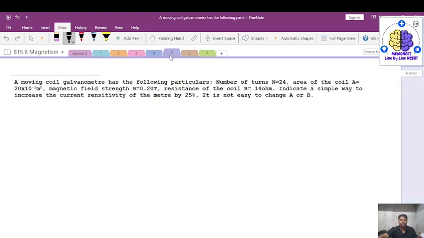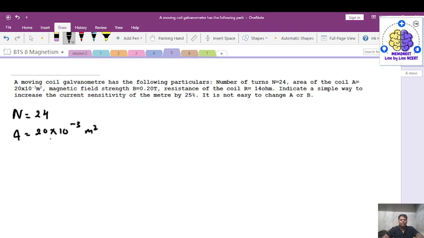A moving coil galvanometer has the following particulars. The number of turns N is equal to 24. All right, we note it down. The coil has 24 turns, and the area of the coil is equal to 20 into 10 to the power of minus 3 meter square, right?